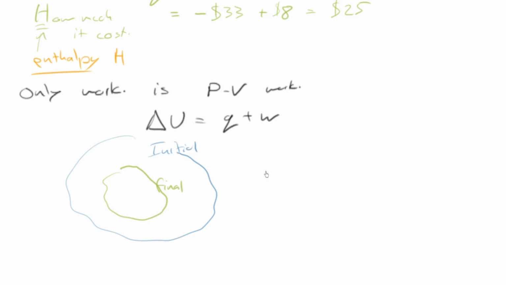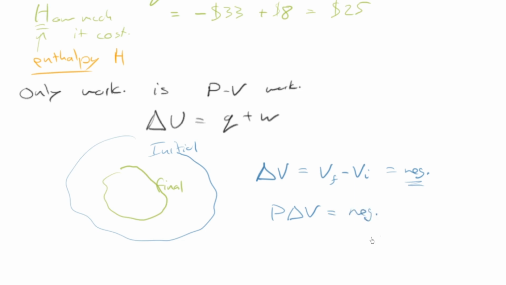The change in volume is V final minus V initial, isn't it? Well, V final is smaller than V initial, so this is negative. That means this PV type work, or P delta V, pressure pushing over volume, is going to be negative as well.